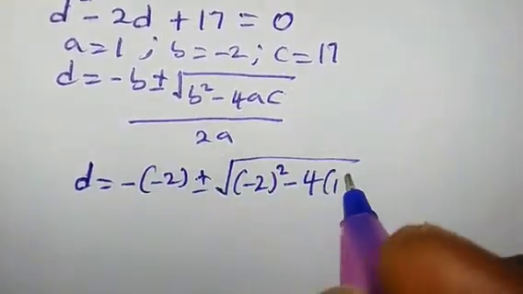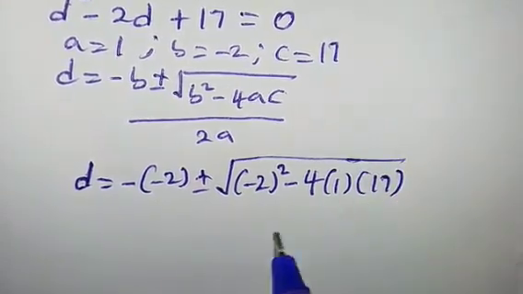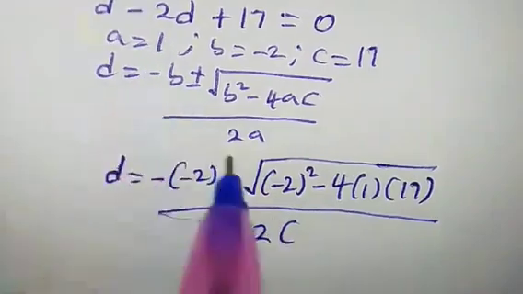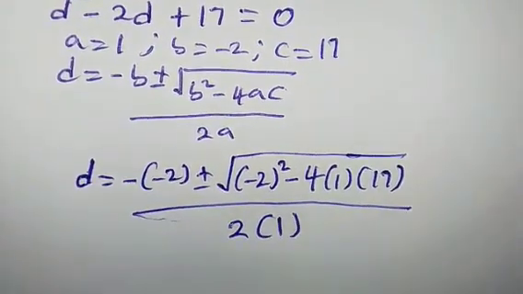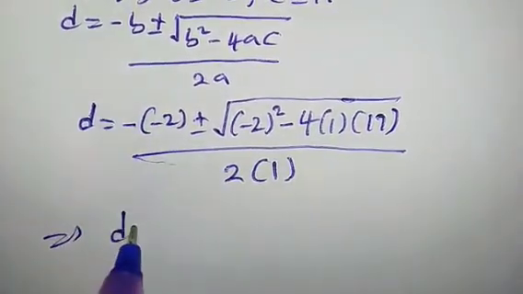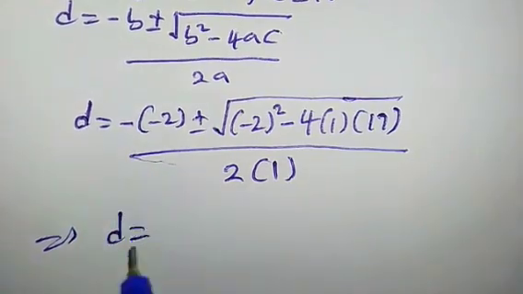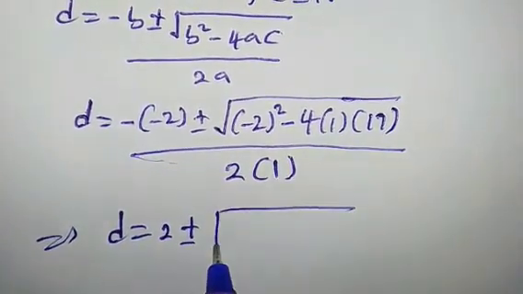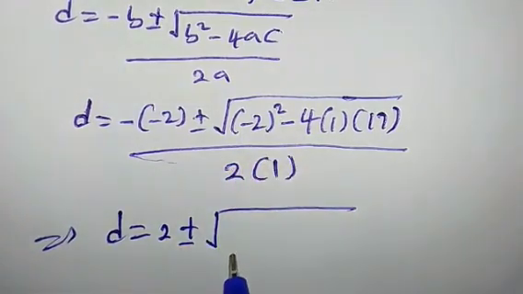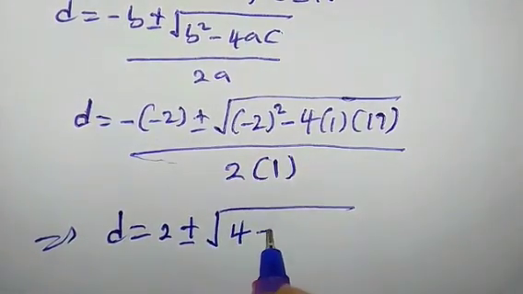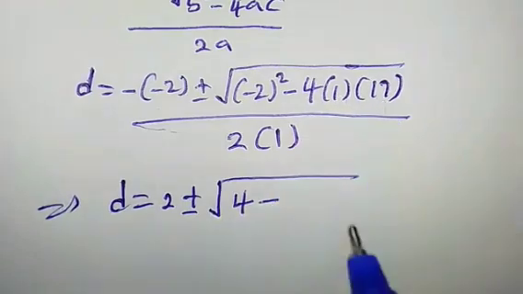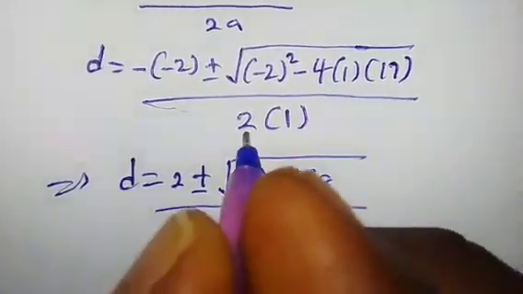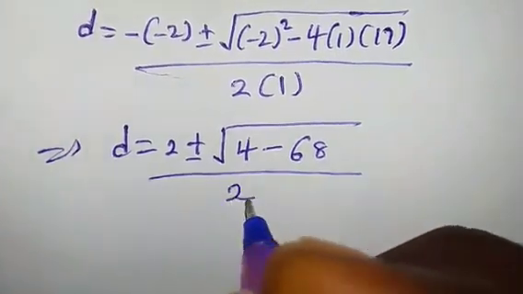So we have 4 times 1 times 17, all divided by 2 times a. a is simply 1. This means that d is equal to minus times minus 2, that is 2, plus or minus the square root of (−2)^2, that is positive 4, minus 4 times 1 times 17, that is 68, divided by 2 times 1, that is simply 2.